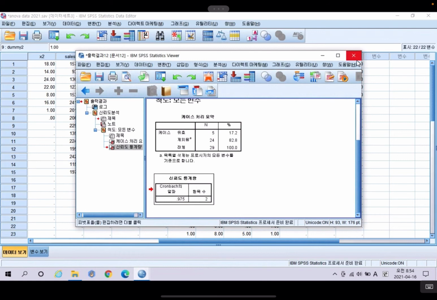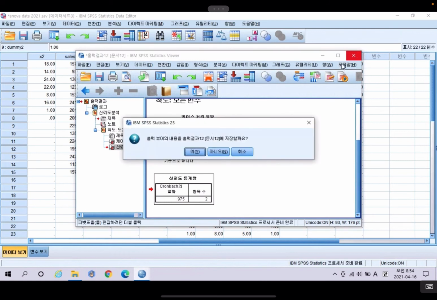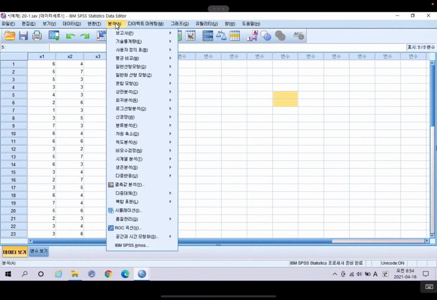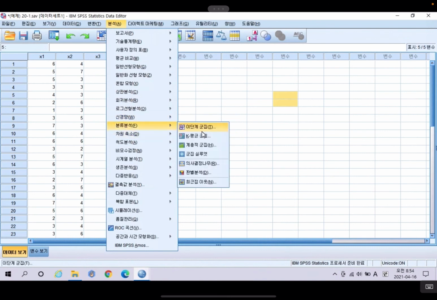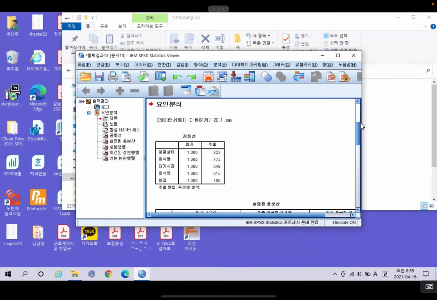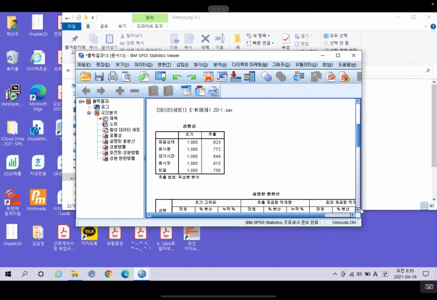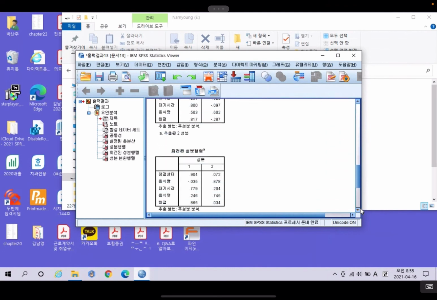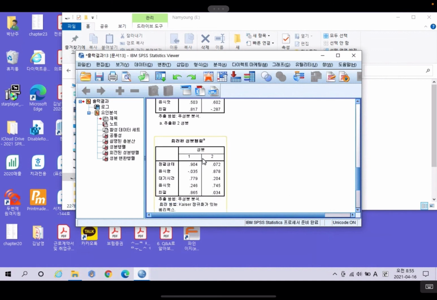So let me show you this one again. So in this case, if you do the factor analysis, and if you look at the results, so I'm looking at the rotated factors.